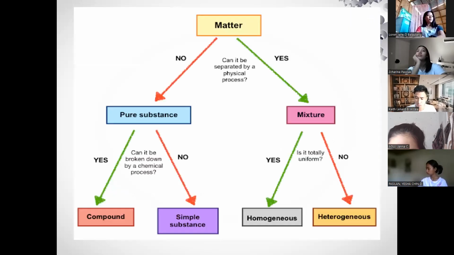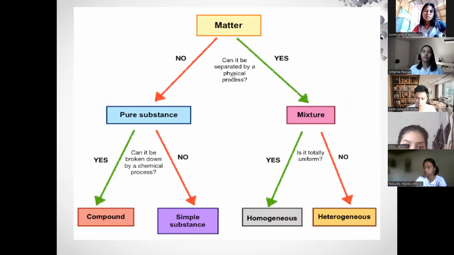Okay, questions before we summarize this and move on to another lesson? So again, pag matter, can it be separated by a physical process? Pag hindi, automatic, that is a pure substance. Now, sa pure substance, kapag ma-break down siya using chemical process, mahiwalay natin siya using a chemical process, that's what you call compound.